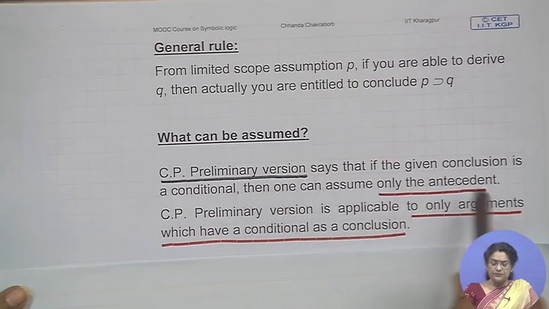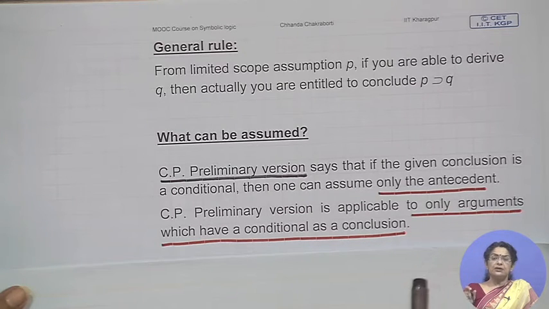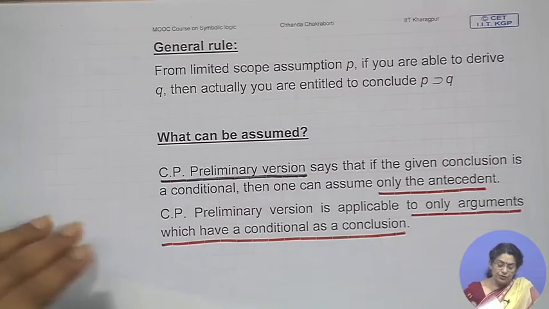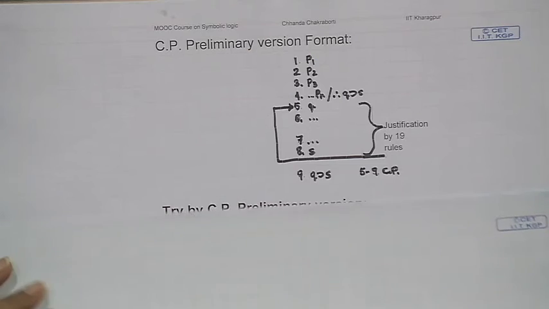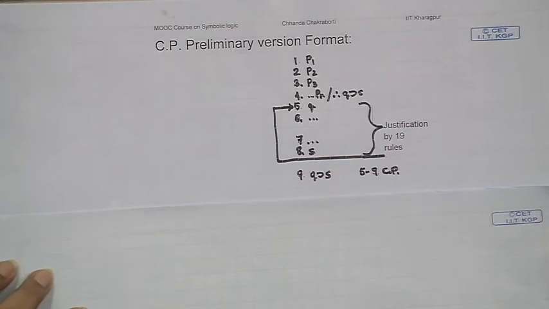The answer in this version is the antecedent of the conclusion, where the conclusion happens to be a conditional. Have I made myself clear in this? Good. So, this is how this will work, and the format, as in the case of IP, will be somewhat similar, but you need to get used to the difference with IP also.